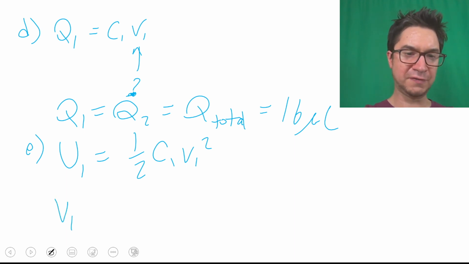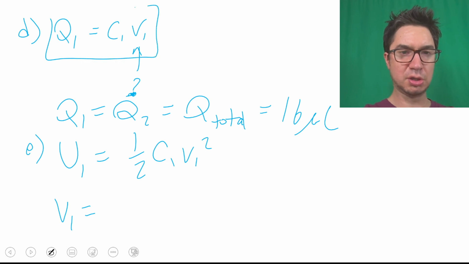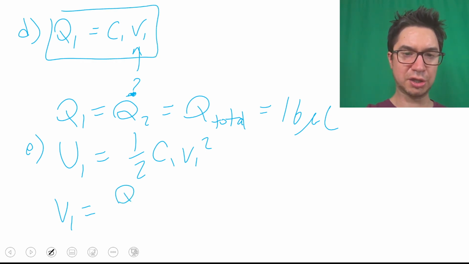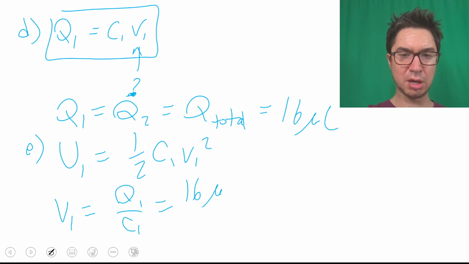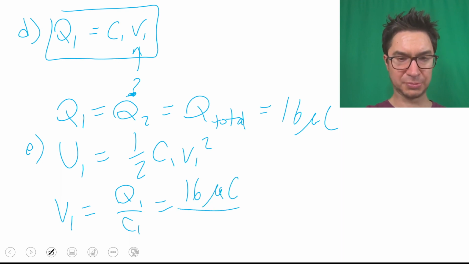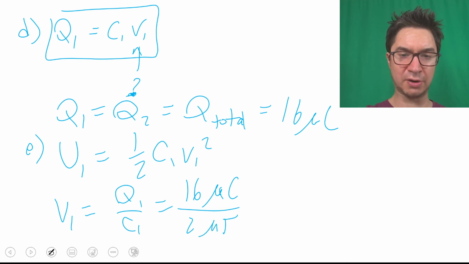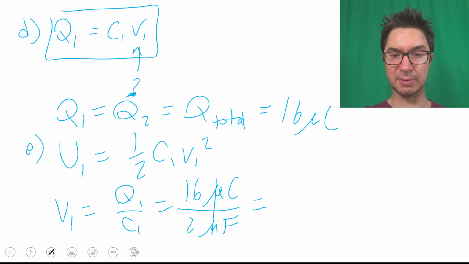So V1, if we take this equation here, we can solve for the voltage, and we're going to get Q1 over C1. And so that charge Q1 was 16 microcoulombs, and we divide that by the capacitance of the first capacitor, which was, I believe, 2 microfarads. Notice that the micros do cancel. So 16 divided by 2 provides us with 8 volts.